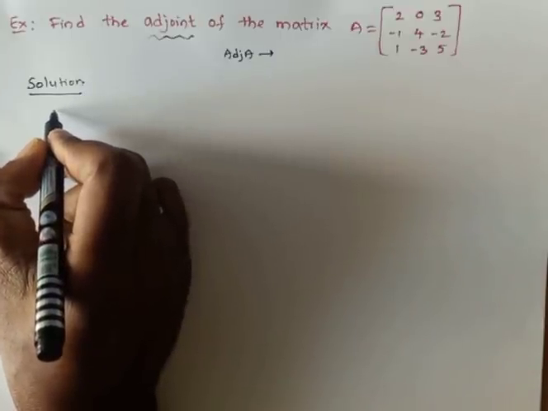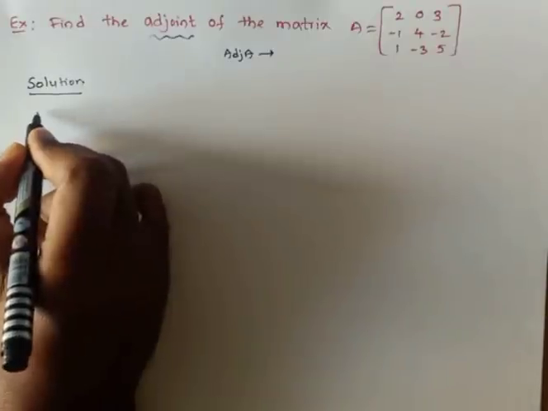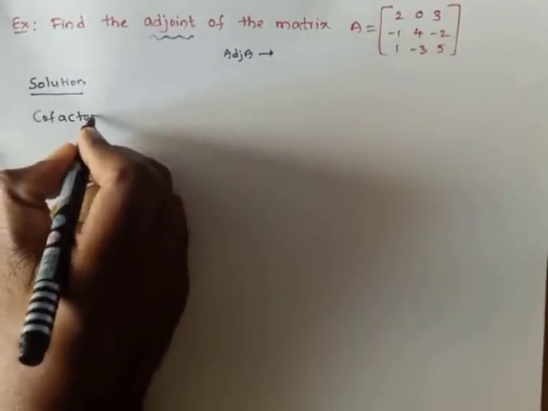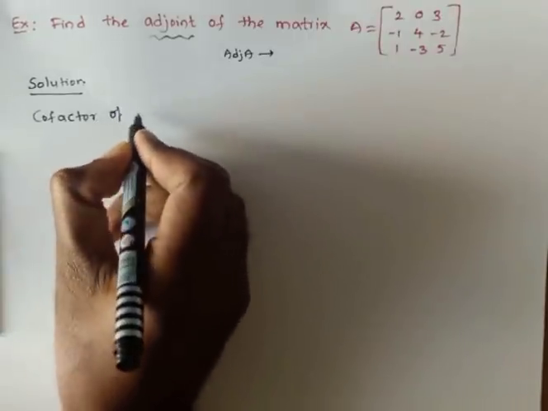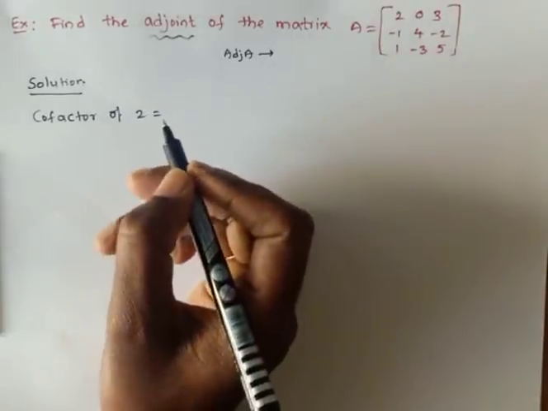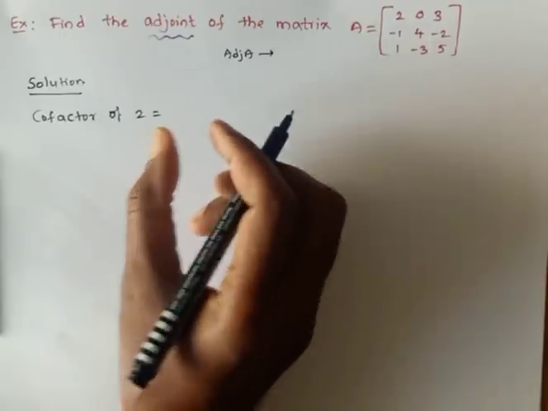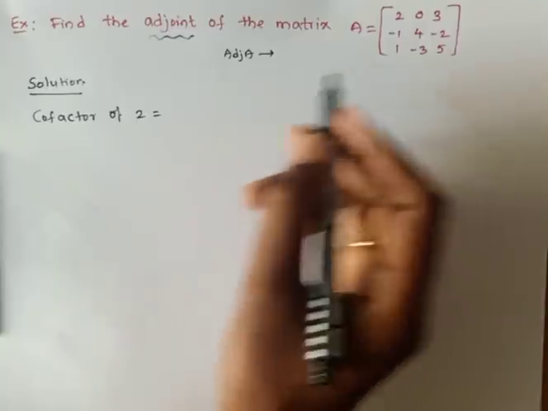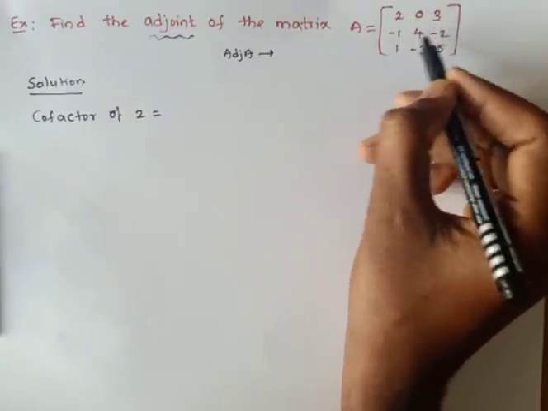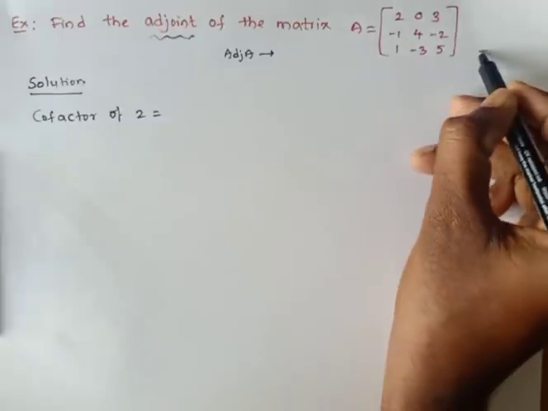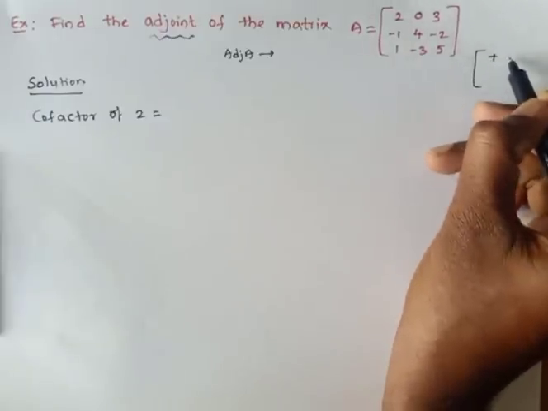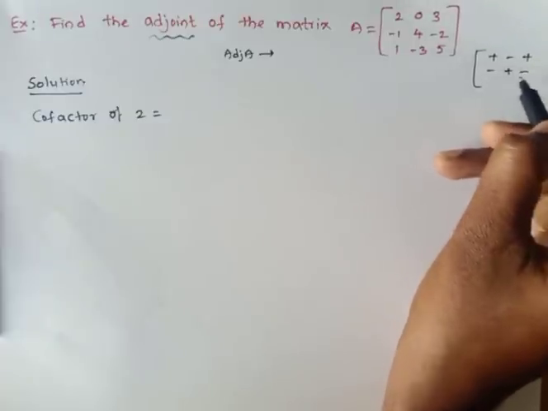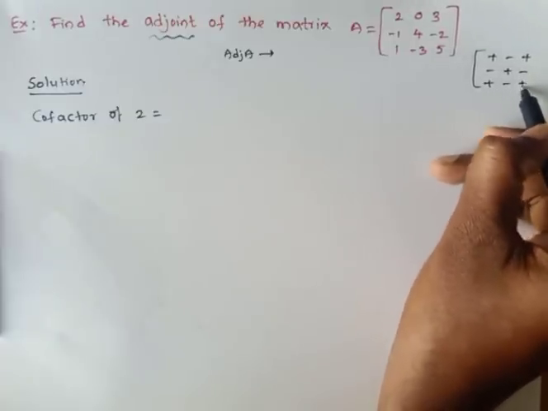First I am finding the first row elements, so the cofactor of 2 equals the sign times the minor. We already know the signs of 3 by 3 determinants: plus, minus, plus, minus, plus, minus, plus, minus, plus.